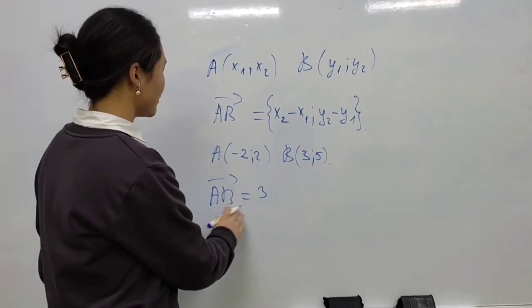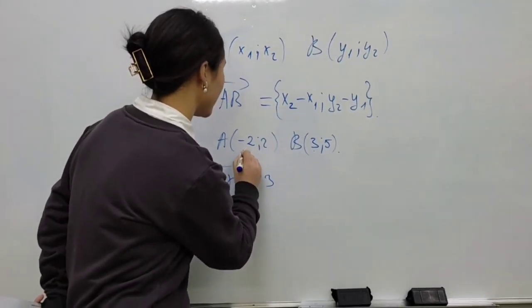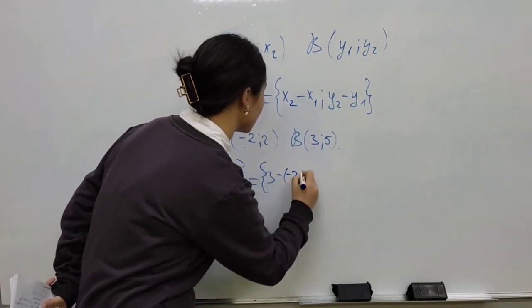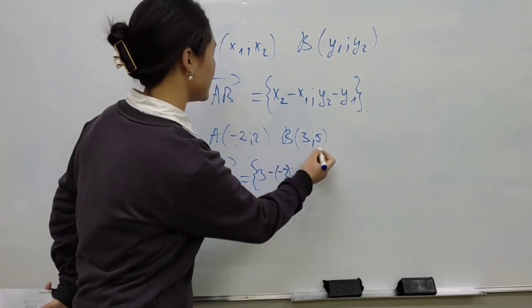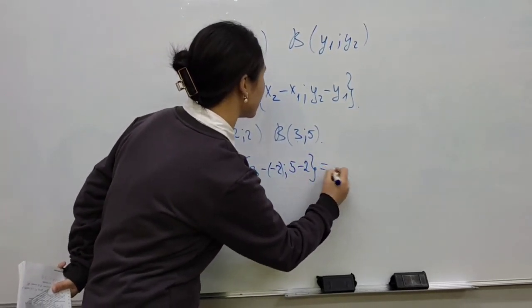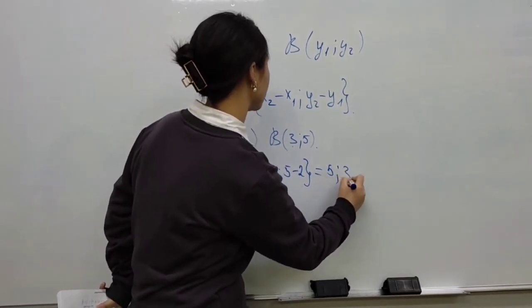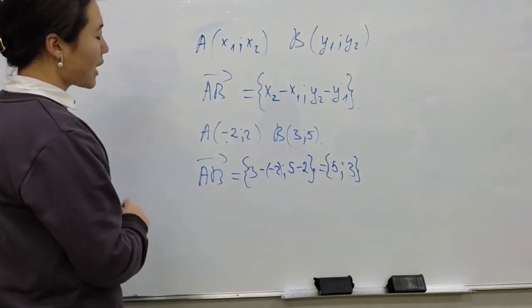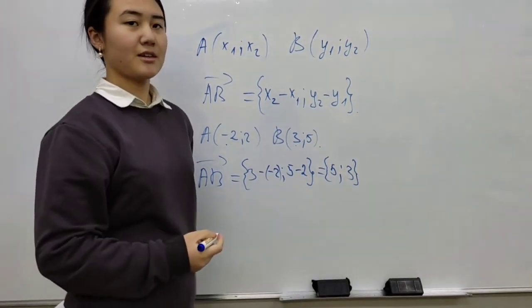So vector AB is 3 minus minus 2, and 5 minus 2, which is equal to 5 and 3. Okay, vector AB is equal to (5, 3).